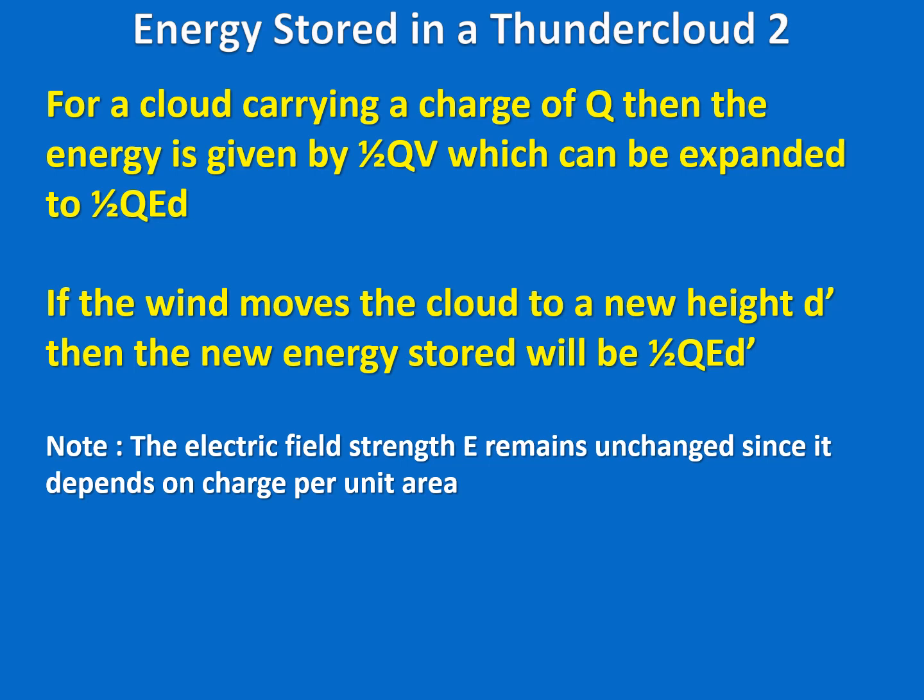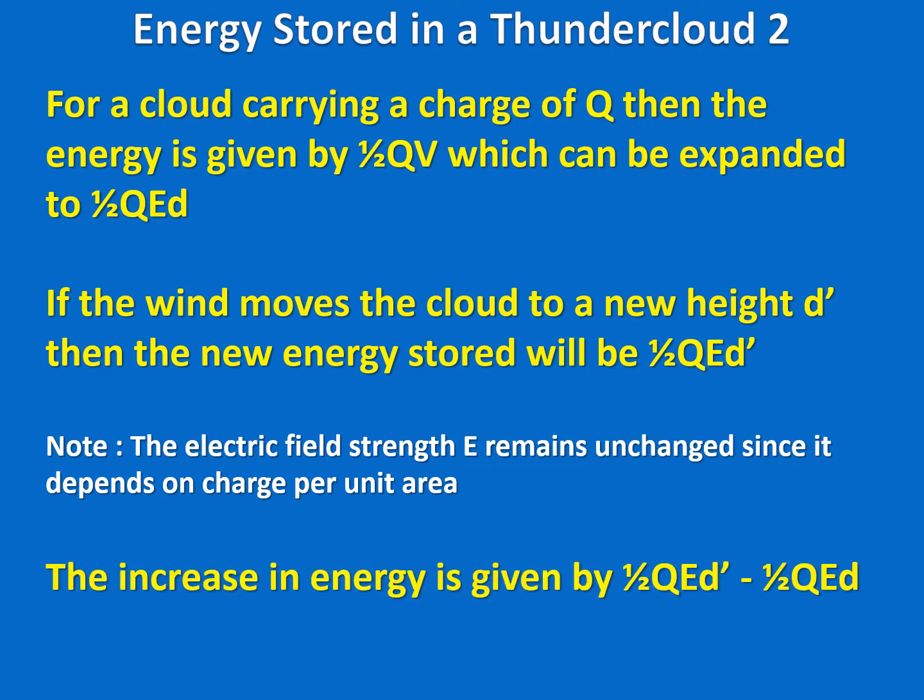So field strength is unchanged for these situations that we're describing here. The increase in energy will therefore be the difference between moving from one position to the other position.